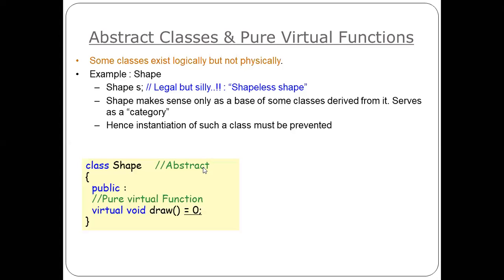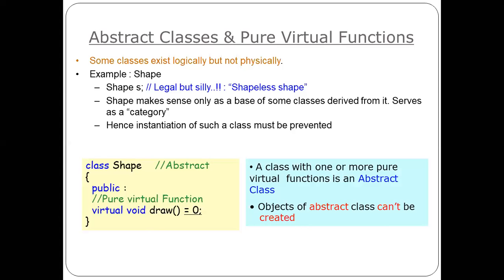Let's say here in this example that Shape is your abstract class, so we cannot create an object of that class. A class might have one or more pure virtual functions. In the last session also, I asked what the purpose of this virtual function is.